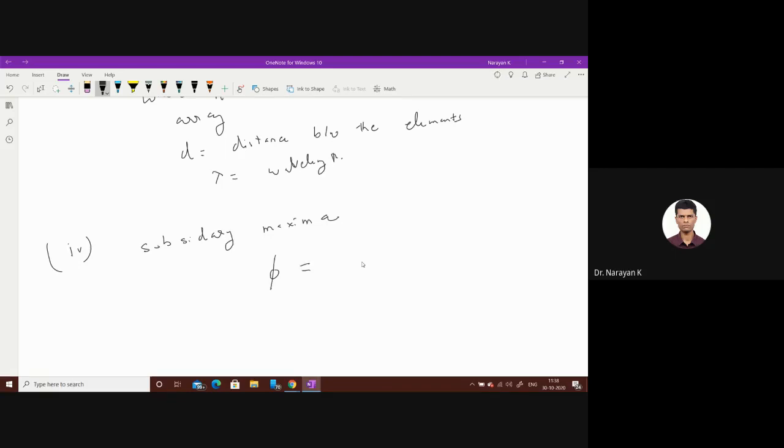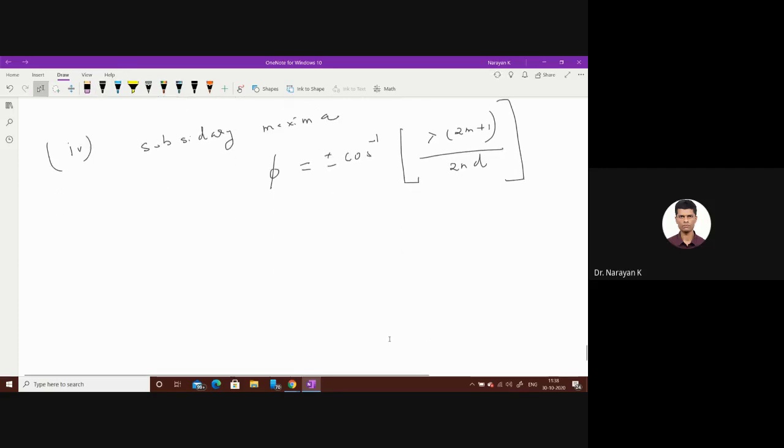Subsidiary maxima, straight away write down the equation cos inverse of plus minus lambda, one second, and write this as plus minus outside only lambda 2m plus 1 divided by 2nd. This is what you will get for subsidiary maximum.